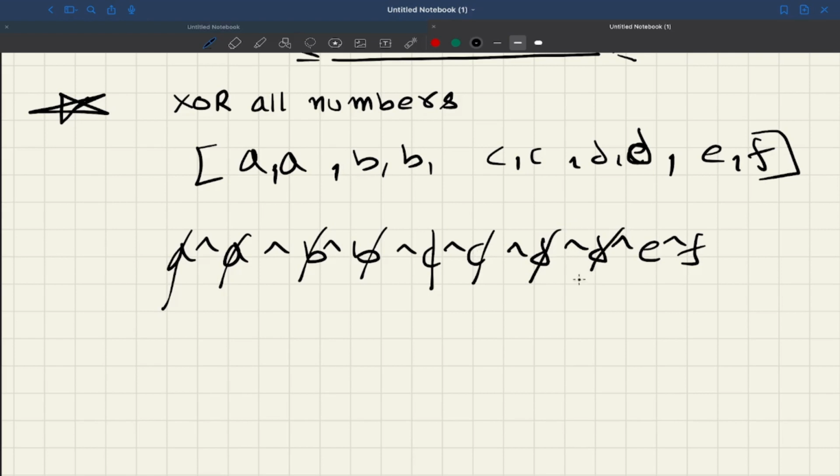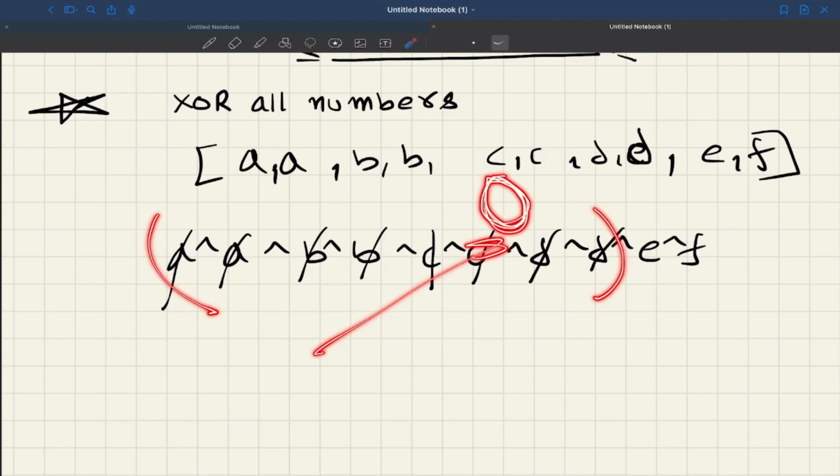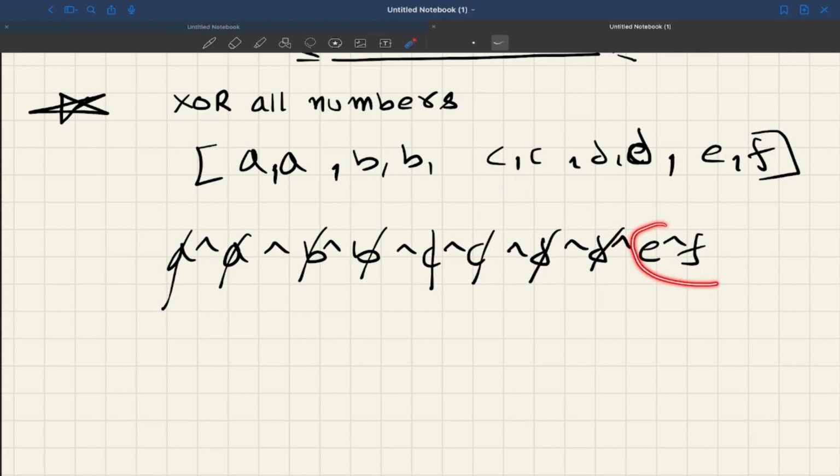D XOR D will yield 0. So XOR of up to this number from AA to DD, I'll get answer as 0, right? And XOR of E and F will be something non-zero. They will not cancel each other, right? So their XOR will be equal to E XOR F.